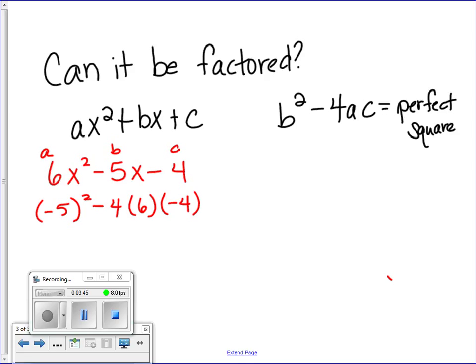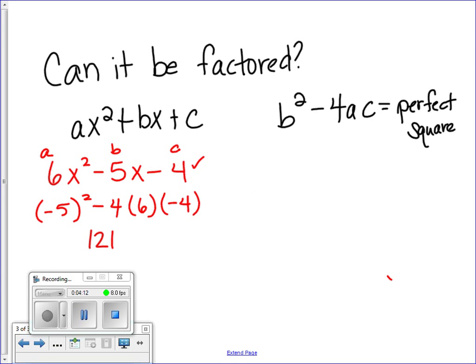Calculate it out. Figure out what does that equal? What is it? 121. Does 121 have a square root? Yes, it does. So this one is factorable. You could factor that.